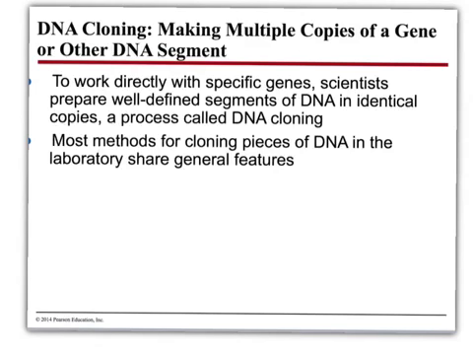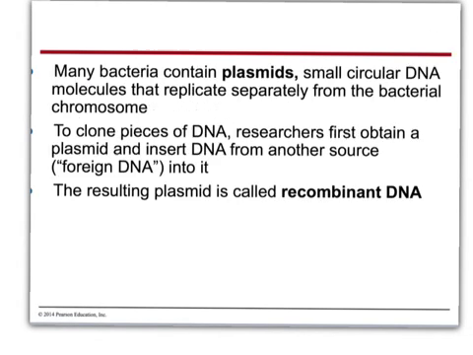At first, scientists wanted to work with specific genes. They prepared well-defined segments of DNA in identical copies, a process called DNA cloning. And this is what you basically did last week in lab.